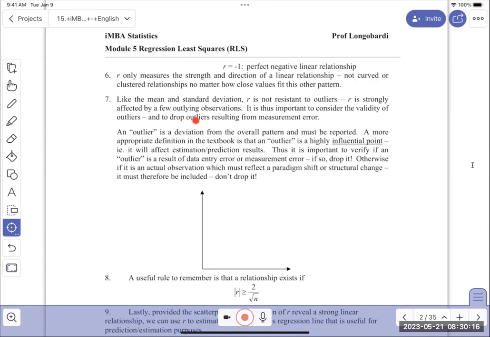You might want to drop outliers because of measurement error. Measurement error is when you actually didn't measure the observation properly. We saw measurement error with the NewCom data. Early on, the measures weren't taken properly, and there were 2 errors that we eventually dropped.